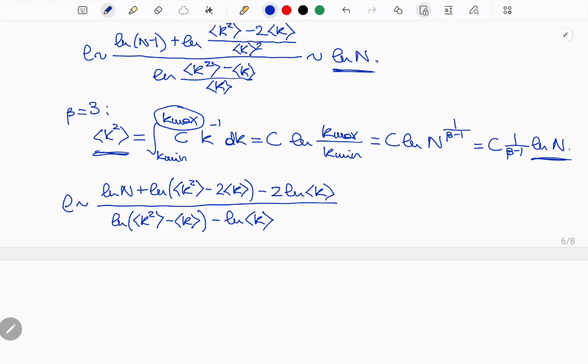And now I can neglect terms. When I write it like this, I can neglect terms.